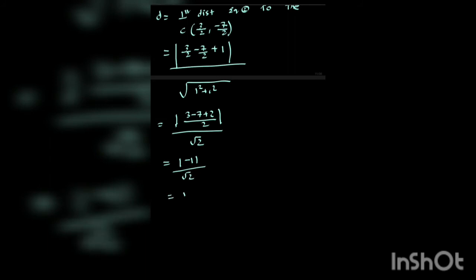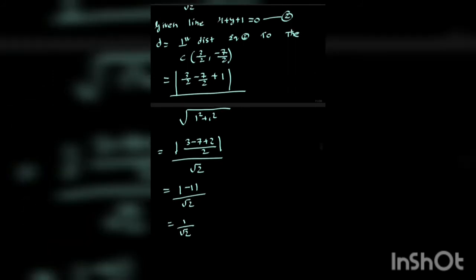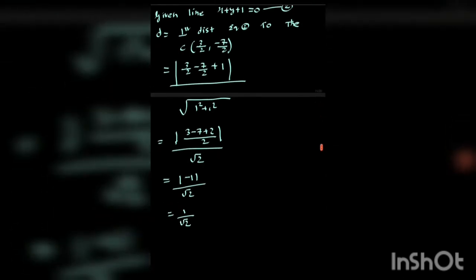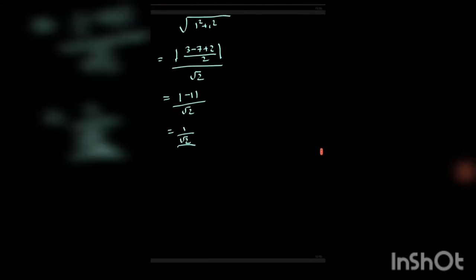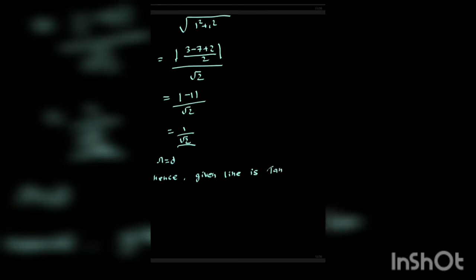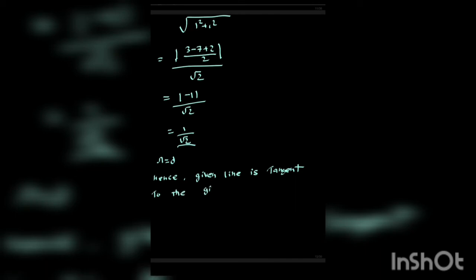So 1 by root 2. So what is R? 1 by root 2 and D is 1 by root 2. So R is equal to D. Hence the given line is tangent to the given circle.